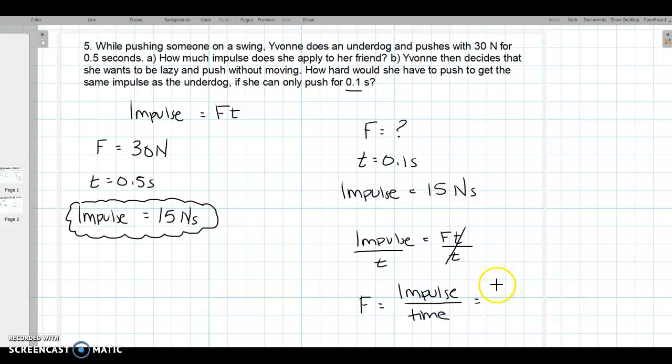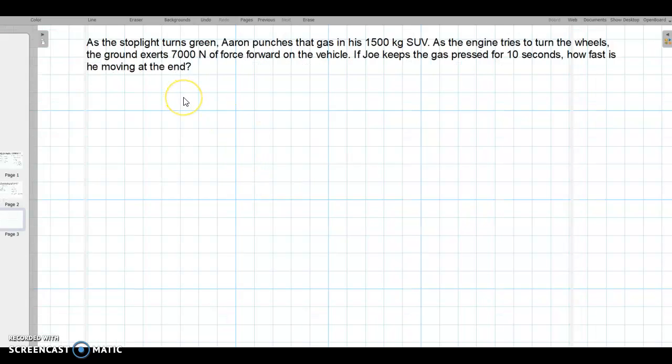Again, my impulse is 15 newton seconds. My time is 0.1 seconds. So how much force is needed in order to match this impulse? And if you said 150 newtons, then you are absolutely correct. Well done.